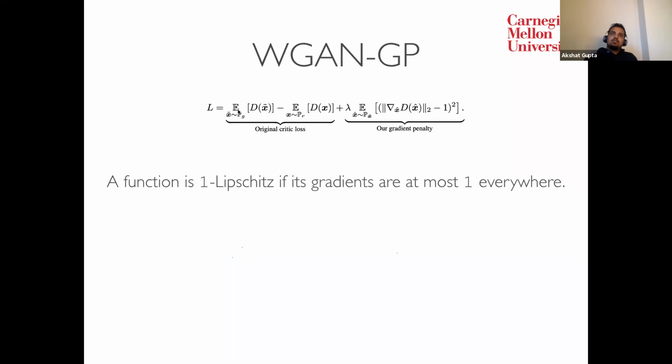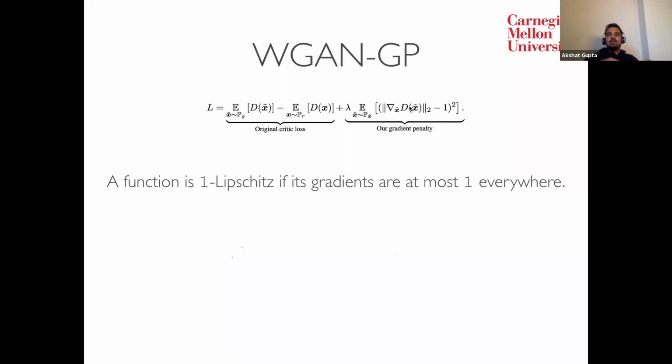In the first term, X belongs to the generated data distribution; in the next, X belongs to the real data distribution; but here X belongs to a different distribution. This X is a point lying on the straight line between the generated and the real data distribution, and those points are randomly sampled to calculate this gradient penalty term.